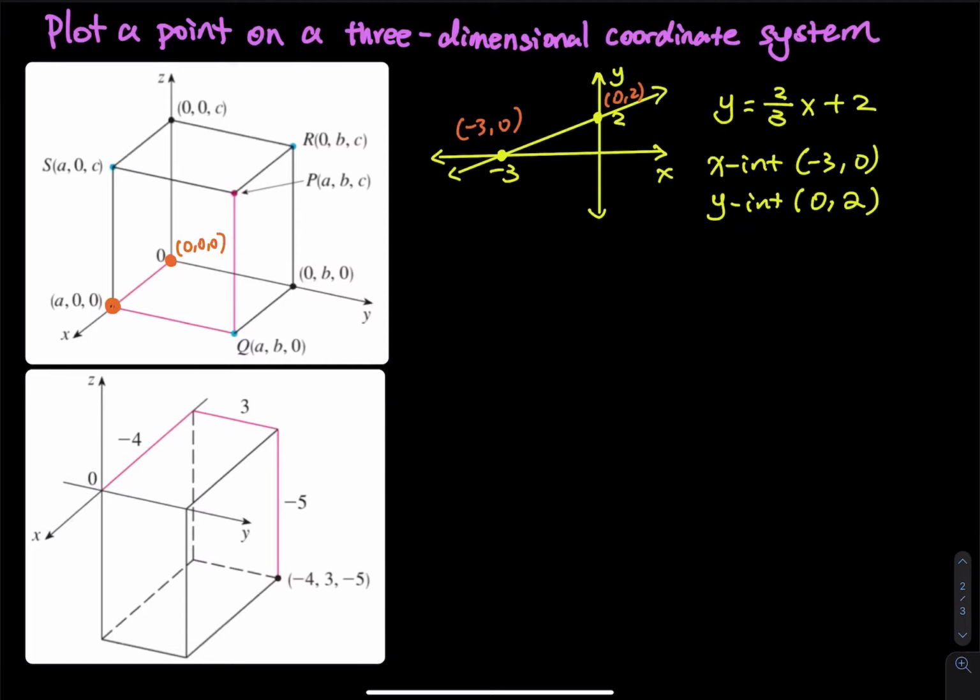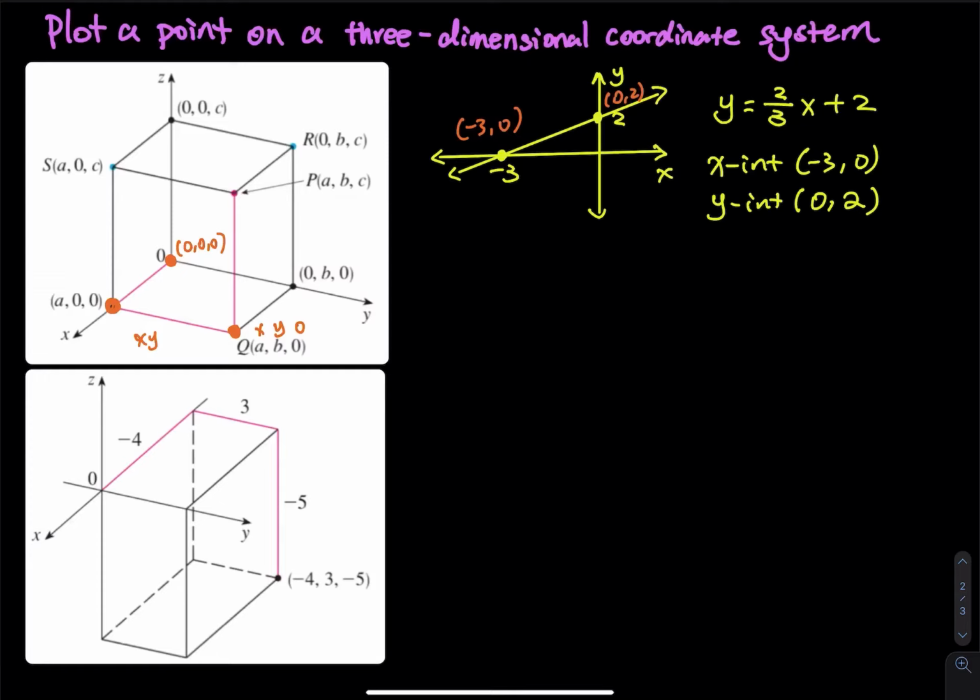And then point Q is not on the x, y, or z axis. If you take a look at point Q, it has some x value and some y value, and the z is equal to 0. How come the z is equal to 0? Because the point is on the xy plane. Do you see that this is actually the xy plane?